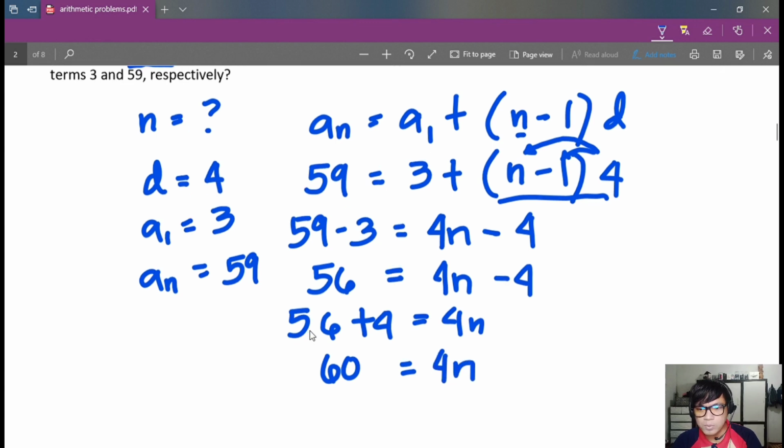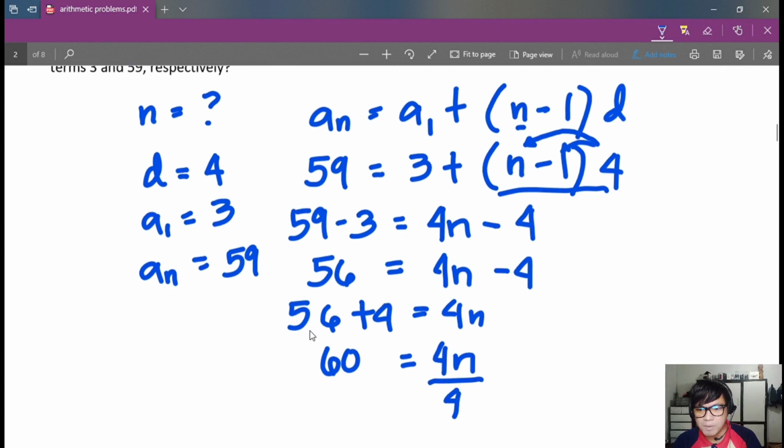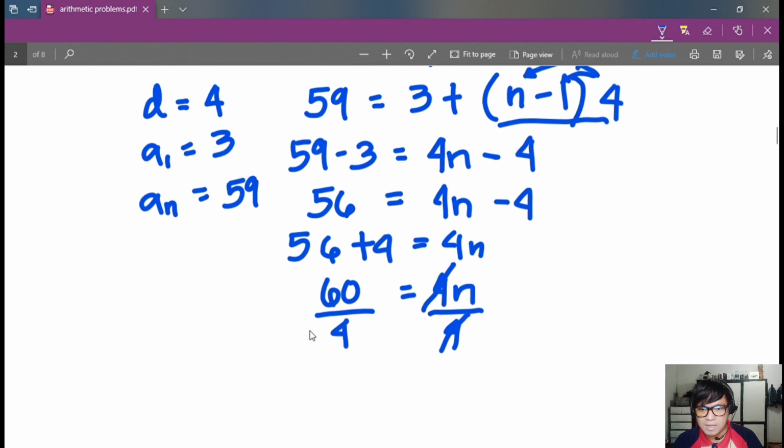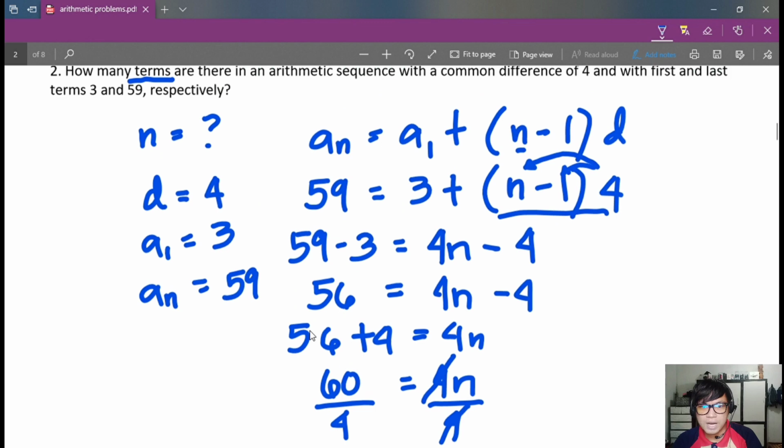So, divide both sides by 4 para mawala yung 4 dito. So, 60 divided by 4, so that's 15. So, n is equal to 15. So, there are 15 terms.